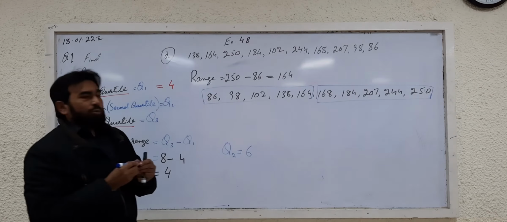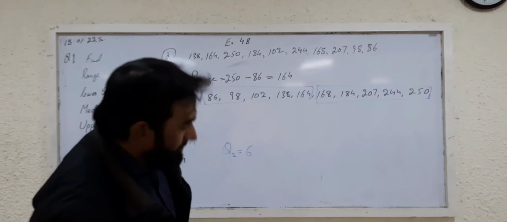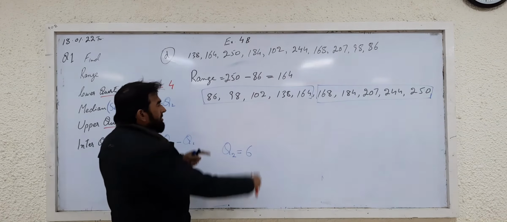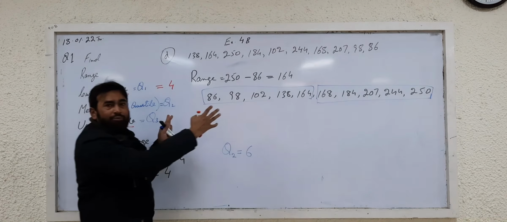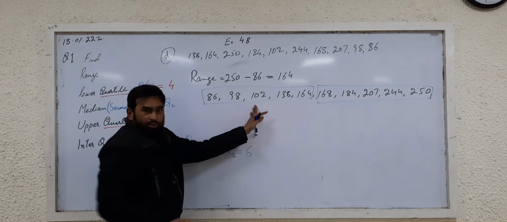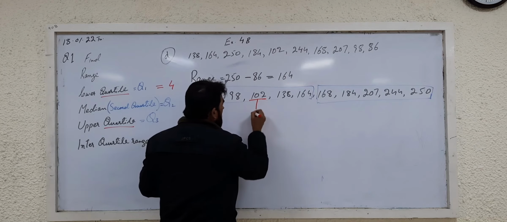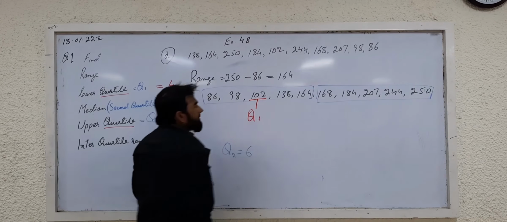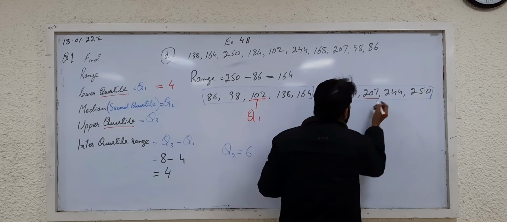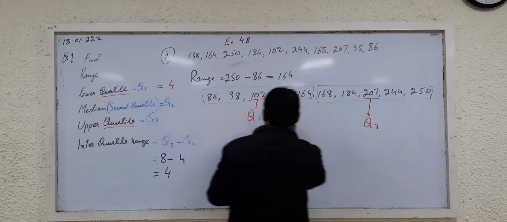Now what should be the lower quartile? 102. Okay? Because in the first half of the data, you will have to see what is the middle. So this is your Q1. And 207 is your Q3.